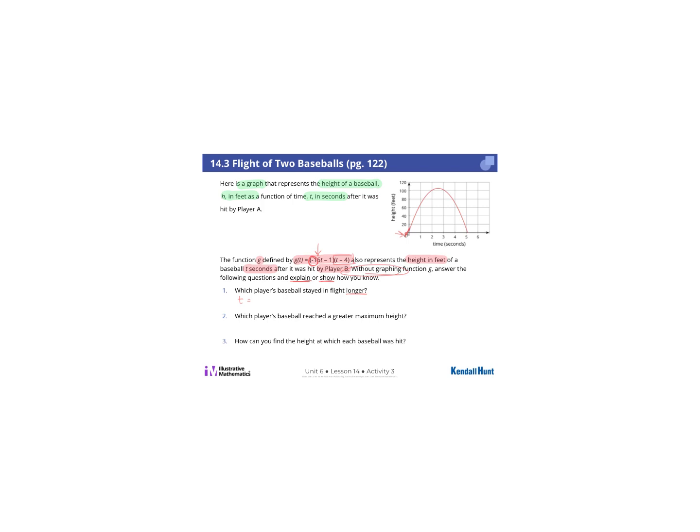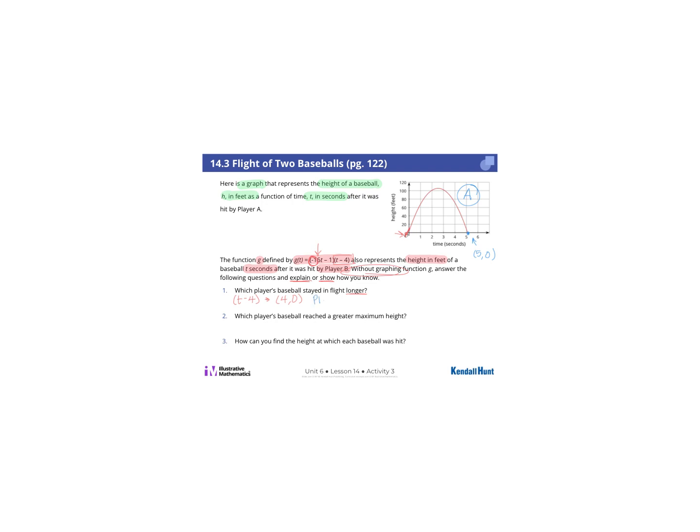Or sorry, t minus 4. That's going to give us where our ball hit the ground. So if we have t minus 4, that's going to give me an x-intercept of (4, 0). Okay? If we look at our graph for player A, this has an x-intercept just after 5. So think about which ball stayed in the air longer.